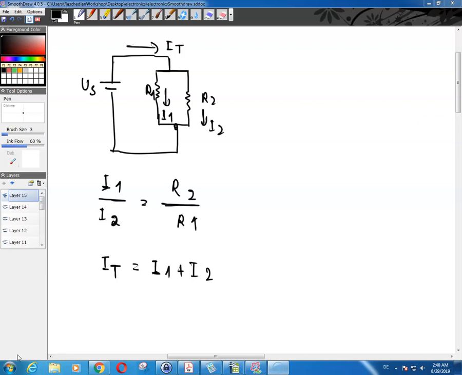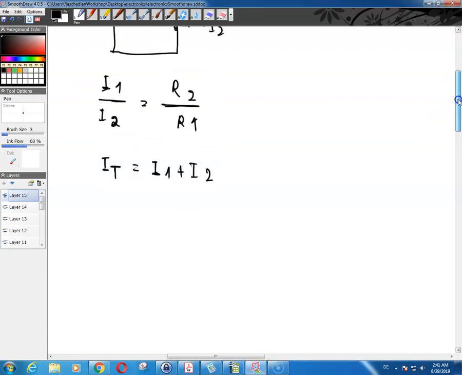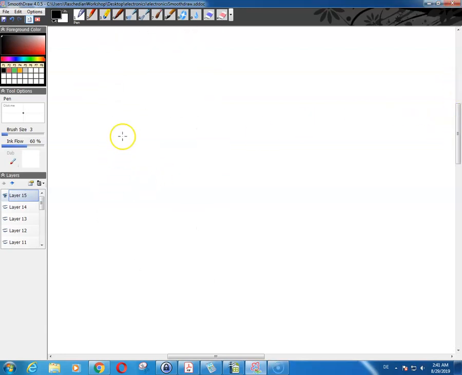Okay, so we have this circuit over here, which is basically some resistor over here and another resistor over here.